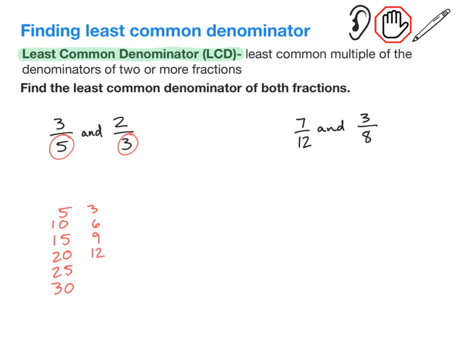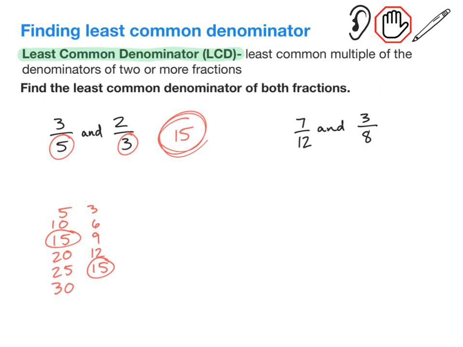I don't see any common shared multiples yet. 15. Okay, 15 is shared as a common multiple between 5 and 3, and it's the smallest common multiple that they share. So the least common denominator of 3/5 and 2/3 is 15.